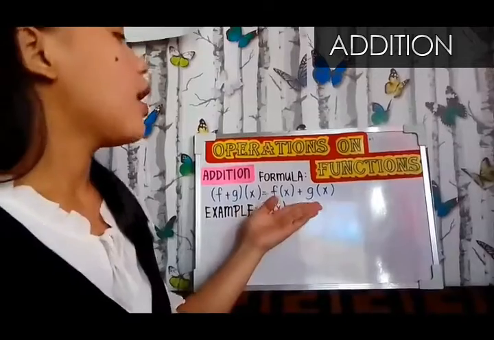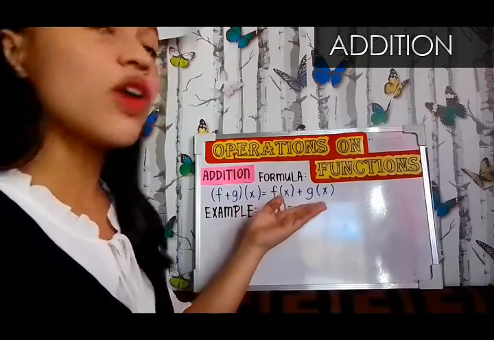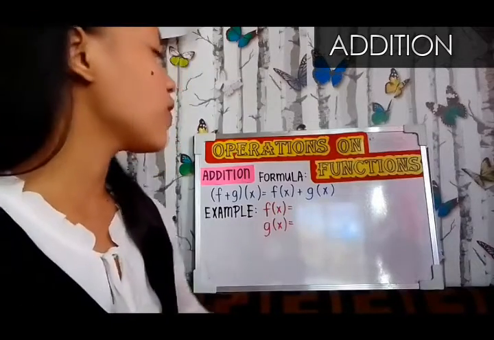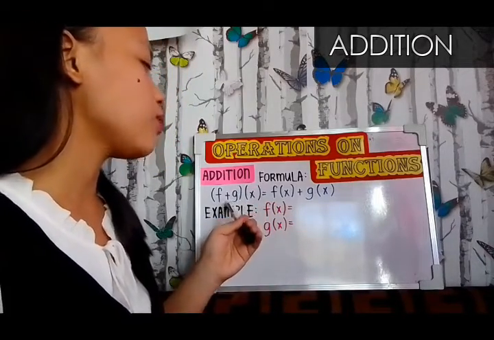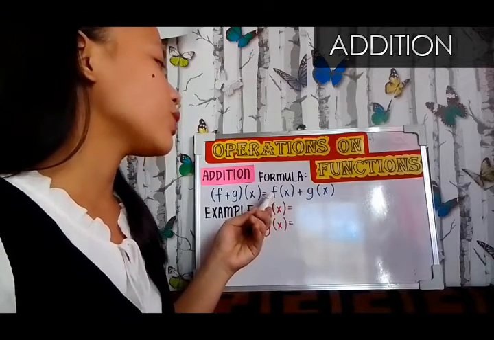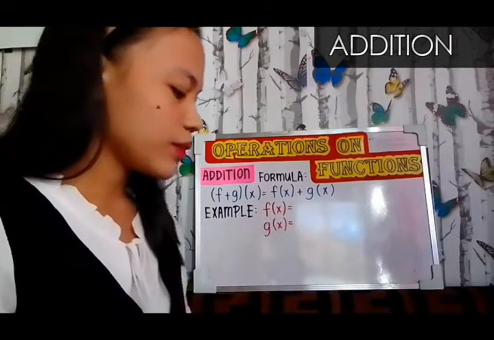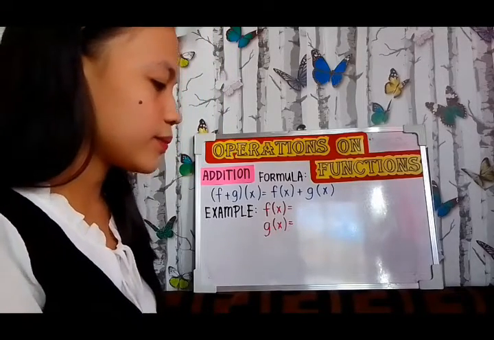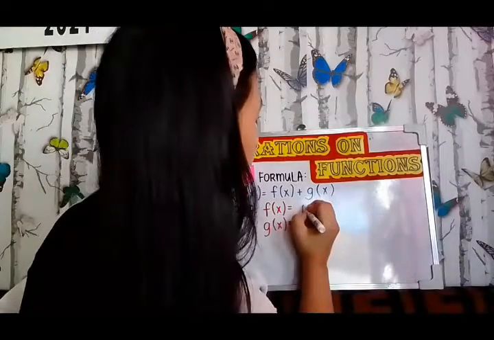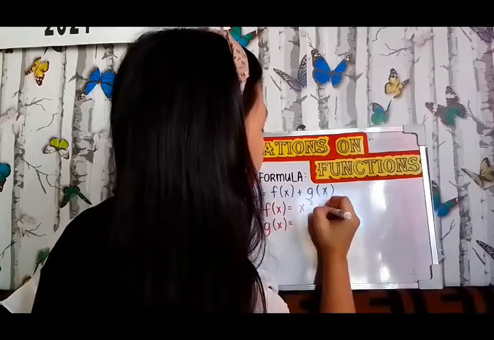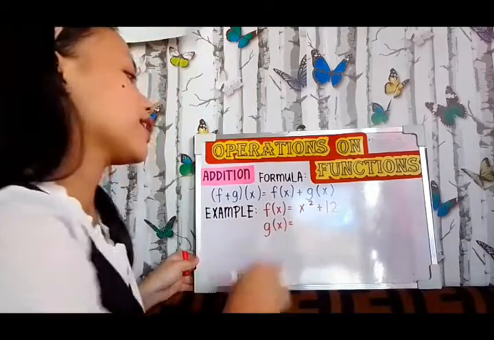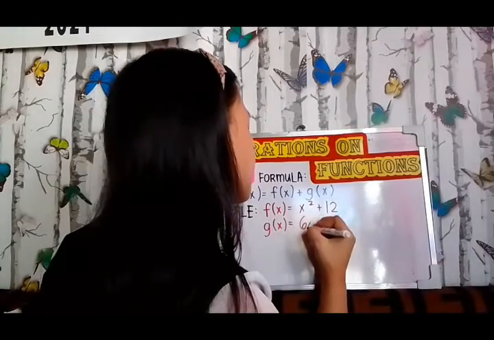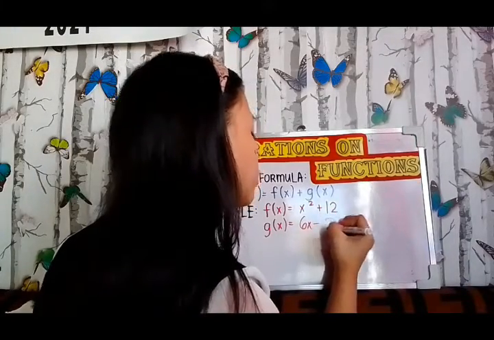The formula is always constant when it comes to these operations of functions. The given formula for addition is (f + g)(x) = f(x) + g(x). Let's say that f(x) is x squared plus 12, while g(x) is 6x minus 2.